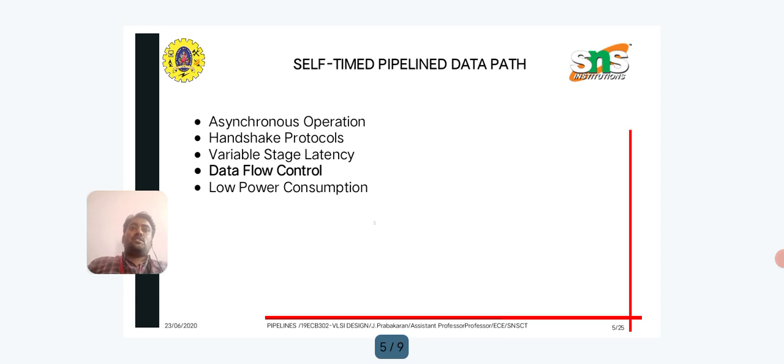Stages don't proceed until the next stage is ready, ensuring proper flow control. The next is low power consumption. Self-timed pipelines can reduce power consumption by avoiding the use of a constantly running clock signal, which reduces unnecessary switching activity in idle stages. Power is consumed only when data is actively processed and transferred between stages.